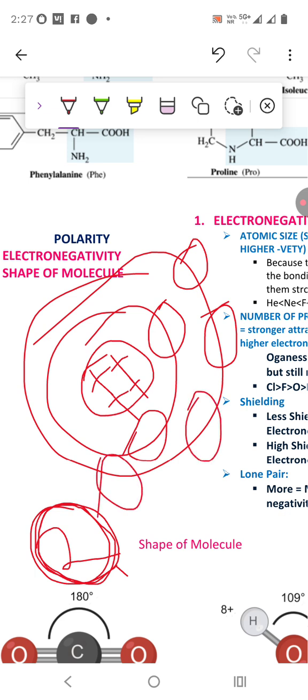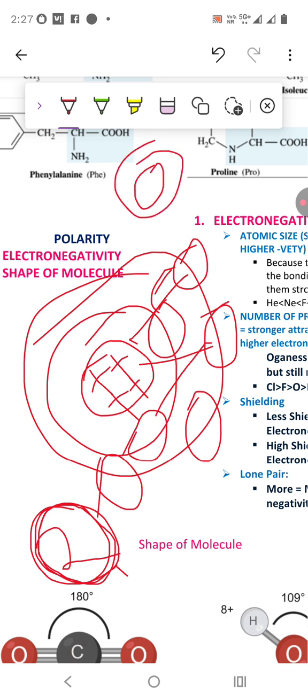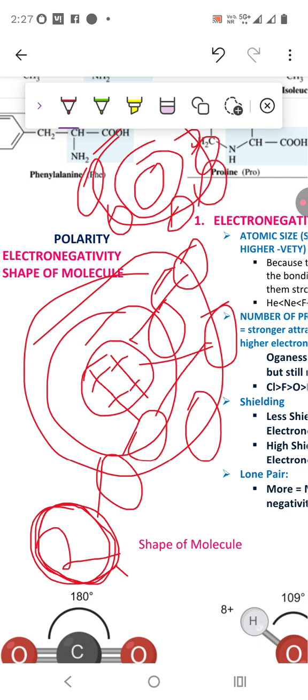So these innermost electrons will prevent these 2 electrons from reaching the nucleus. Here electronegativity is low compared to the atom having 6 outermost electrons. Clear? The less the shielding, the more electronegative the compound is.